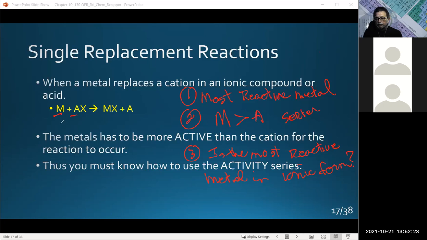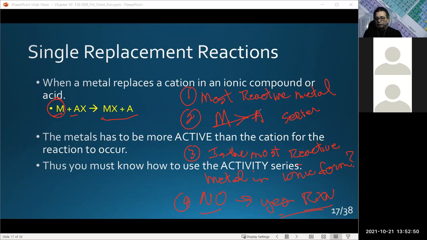And that's the question you ask between M and A. If M is most reactive, here, the way it's written, the answer would be no, because M is in the elemental form if M was more reactive than A. So then that means yes, reaction occurs. Yes on the reaction. And that reaction as written proceeds.